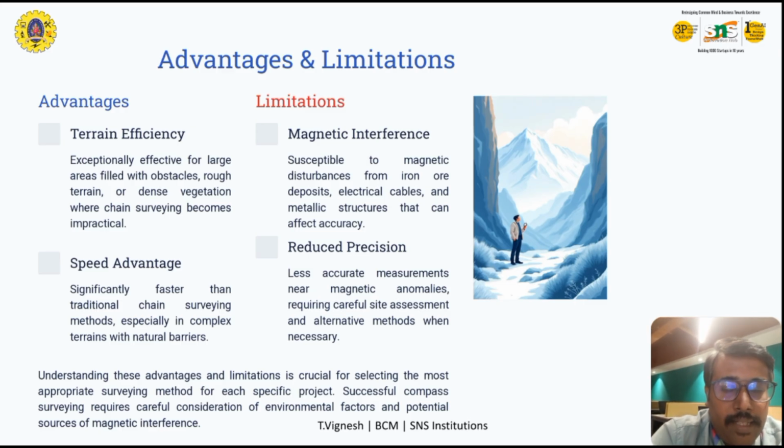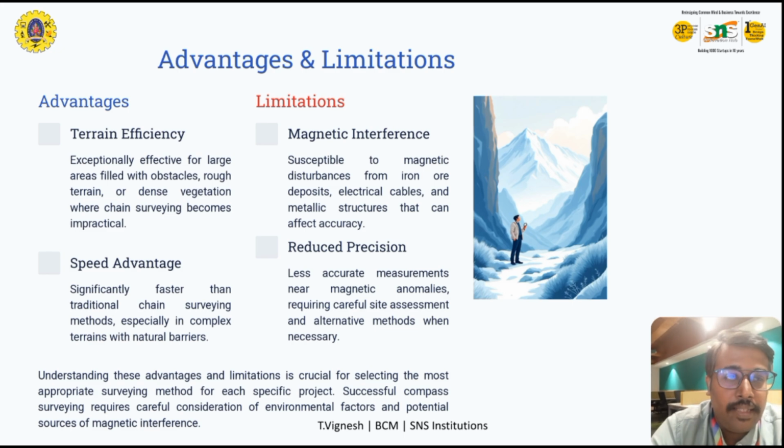We are discussing in this series that once you know about the land area, only after that you select how to measure it. If the terrain has high obstacles or is very complex and not easy to measure, we need to use compass surveying. Once the terrain is flat and has fewer obstacles, then you can go for chain surveying.